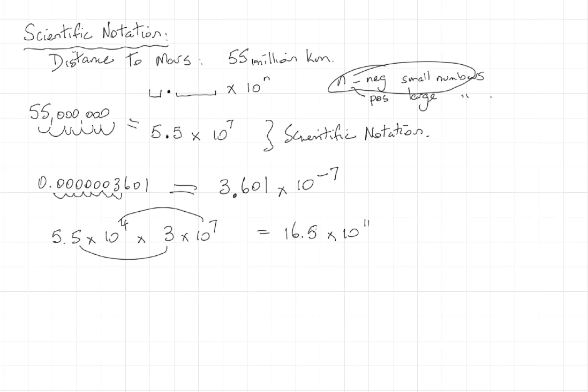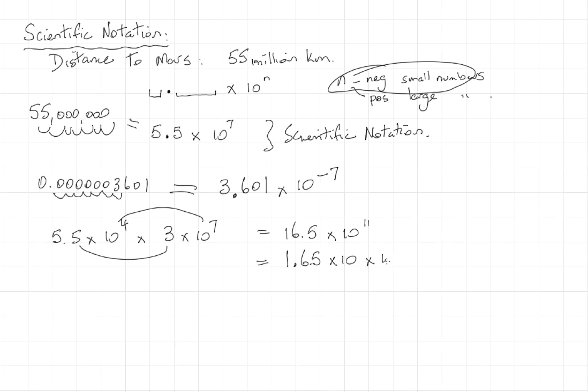Now we know that to be true scientific form, we can only have one number before the decimal place. So we've got to write 1.65. Now if we multiply by 10, we'll get to that number, because multiplying by 10, you just move the decimal place one spot, so it'll go between the 6 and the 5, which gives us that number there.